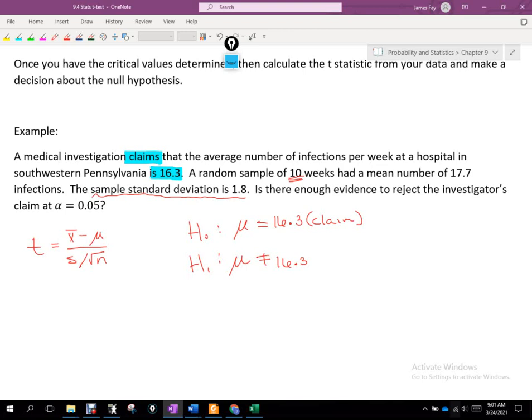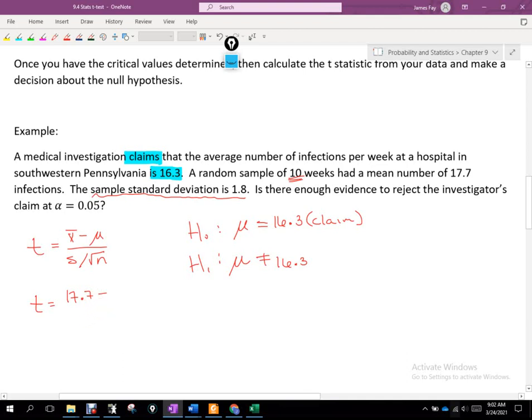So, what is X bar in this particular question? What does the sample mean? 17.7. Minus mu.